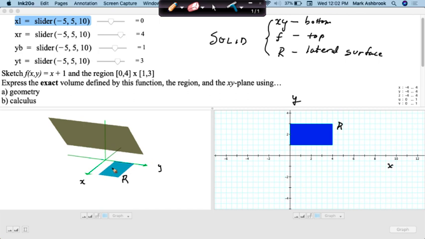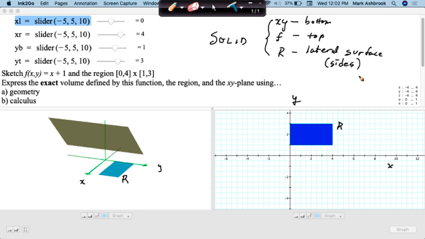So what does that solid look like then? The outline of that region, you just extend it vertically, and that defines, like I said, the lateral surface. The sides, right? We'll just take the boundary of R and extend it up and down, and you get the sides.